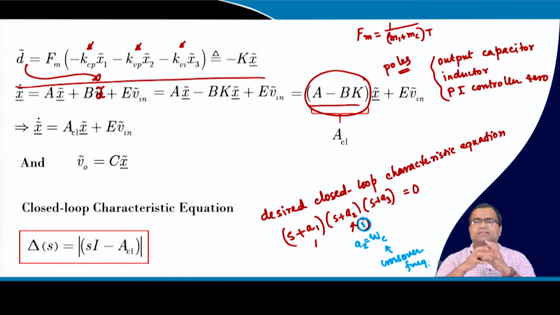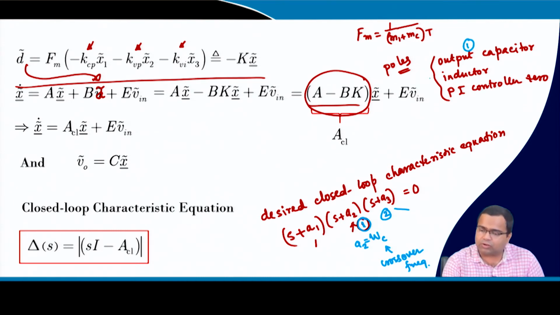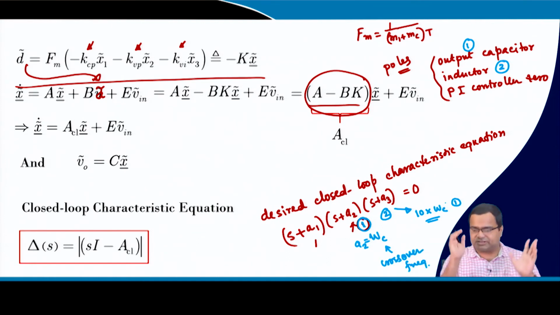So, one pole which is due to the capacitor is placed at omega c. The other pole is due to the inductor. Now, talking about the second pole, this should be roughly 10 times omega c, the pole due to 1, because inductor dynamics should be faster than the capacitor.